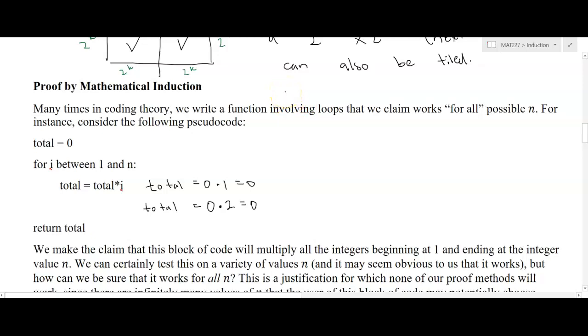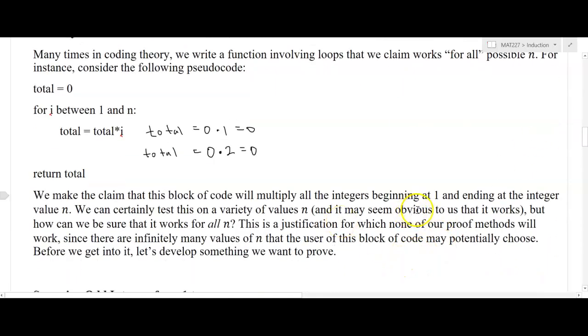That, well, it's a loop, it should always work, but we need to provide some justification, especially as computer scientists. One of the important jobs is to be able to argue and effectively convince people that this code will work no matter what values we feed it. So we make the claim that this block of code will multiply all the integers beginning at 1 and ending at the integer value n.